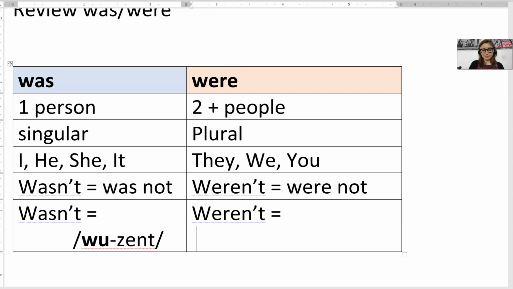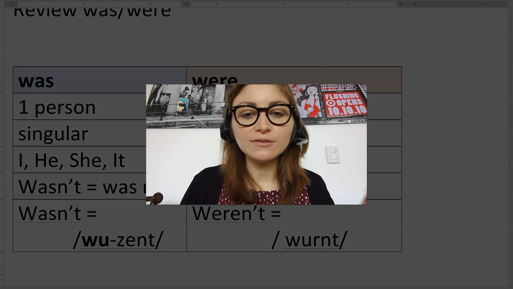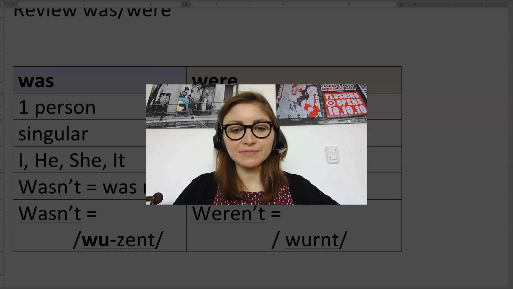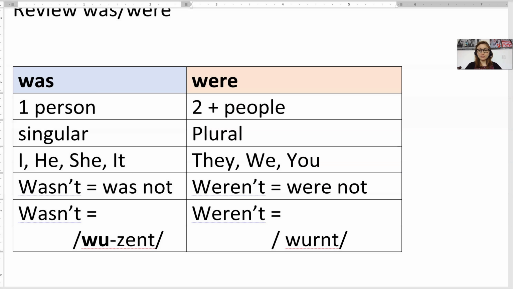Right, so the pronunciation is like this. Okay, one sound. So we say the word weren't. I'm going to show you. Weren't. All right, so that's just showing you one syllable, very fast. All right, good.